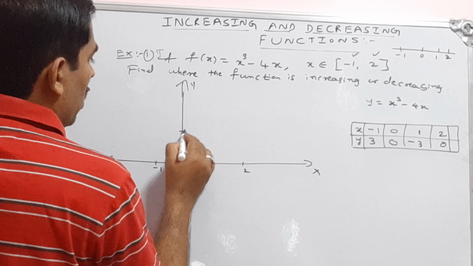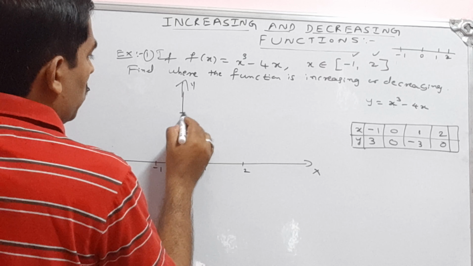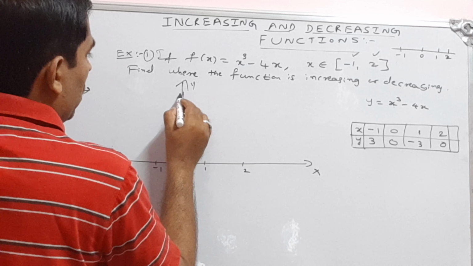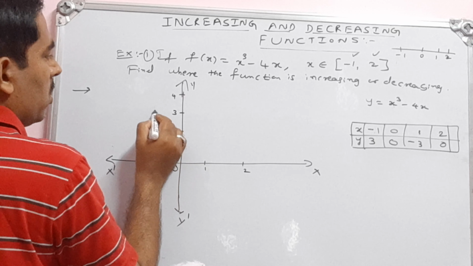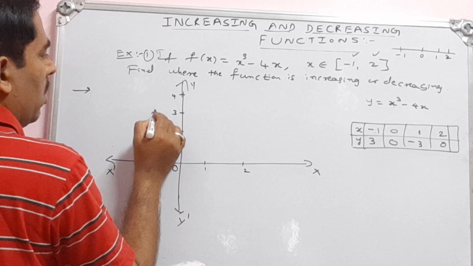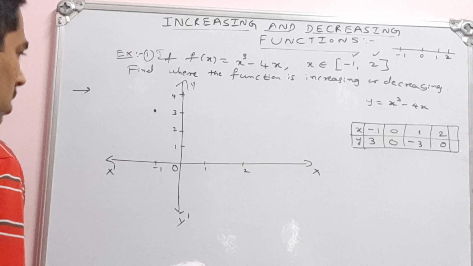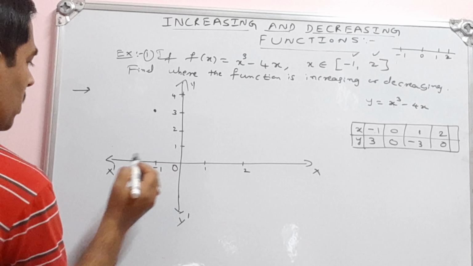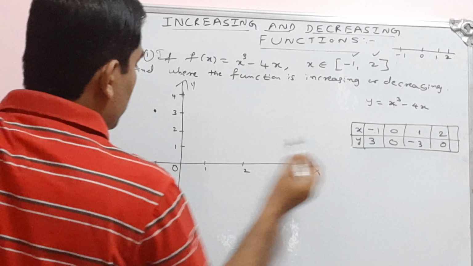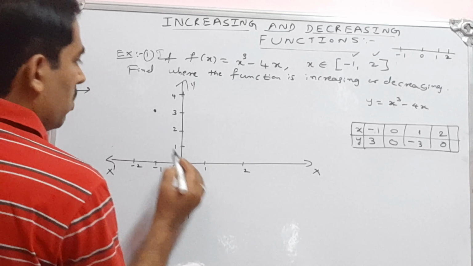So this will be 1, 2, 3, 4. Let us mark these points here. Minus 1, 3, so the point is here. Take another point, 0, 0. If I give 0, that will be there.